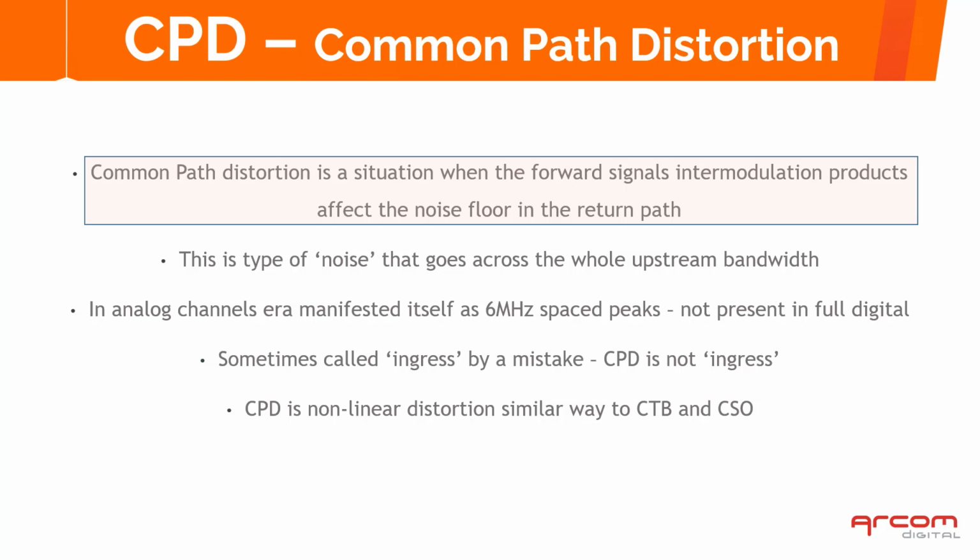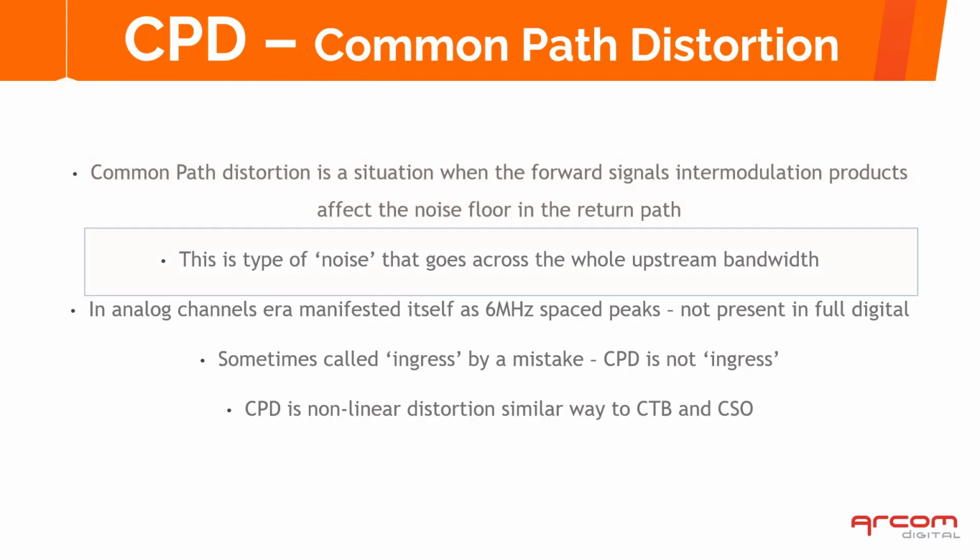This will be especially well visible in the return path, because in the return these intermodulation products will be amplified by the return amps. This type of noise will cover the entire bandwidth of the upstream and can severely impact performance of the signal transmission over the SC-QAMs.